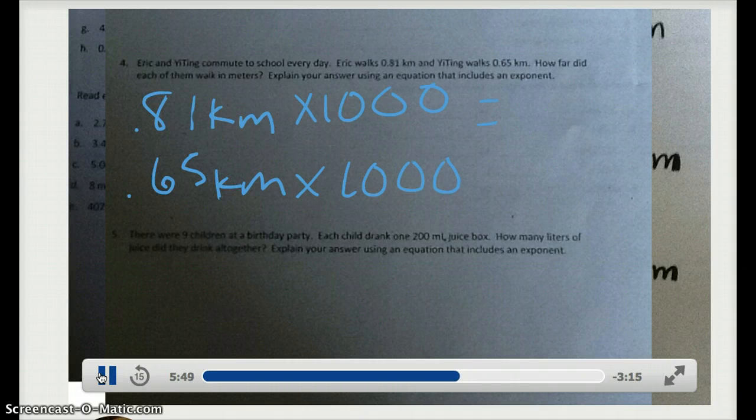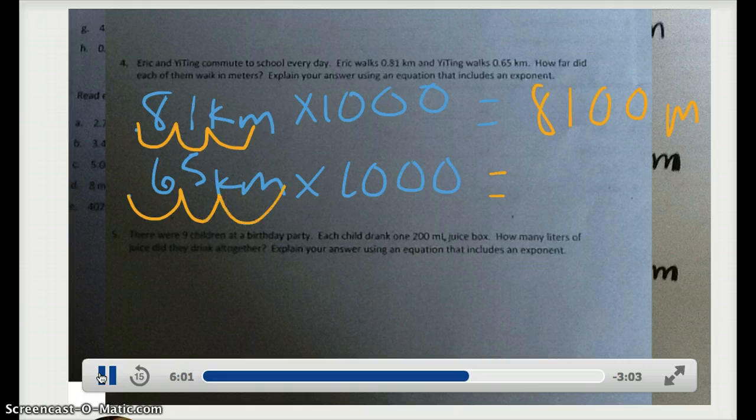And I move the decimal 3 place values, 1, 2, 3, to get 810 meters. 0.65, 1, 2, 3. Oh, not 1,000. Man, Miss Nicolay's really messing up on this one. I'm sorry. To get 650 meters. But at least I'm catching myself.